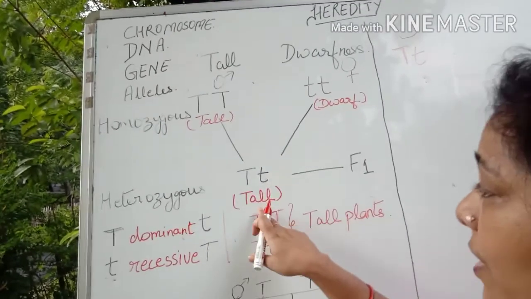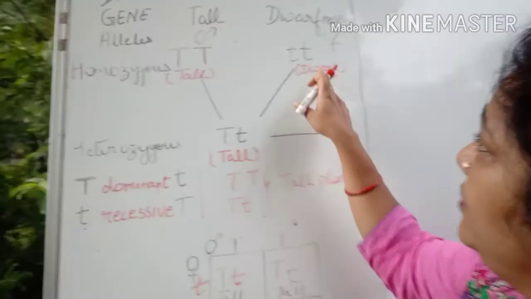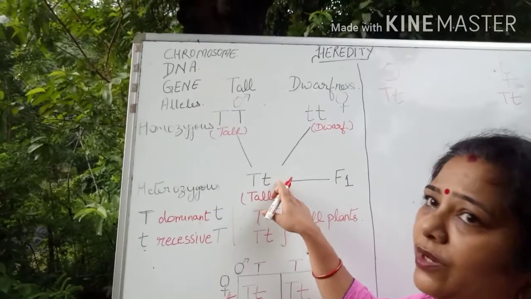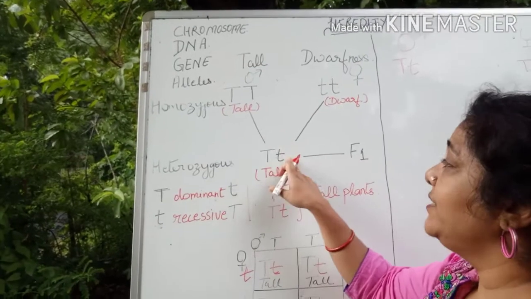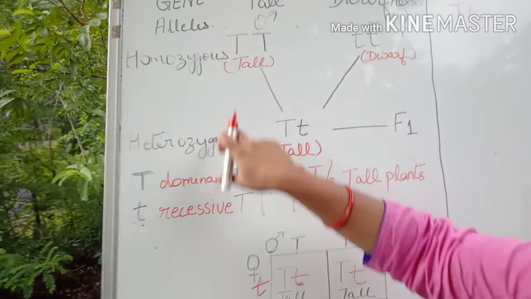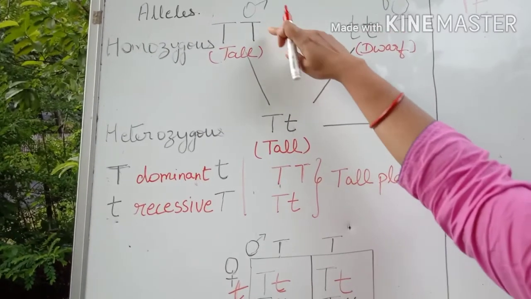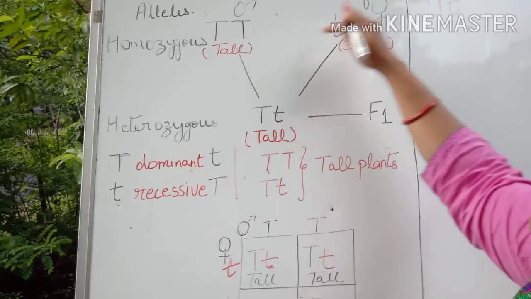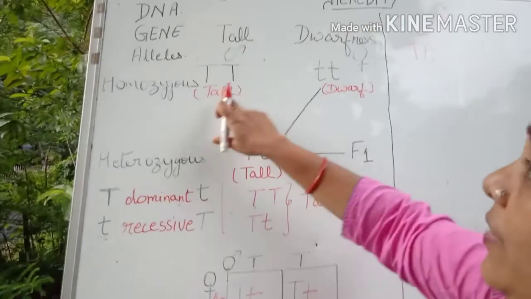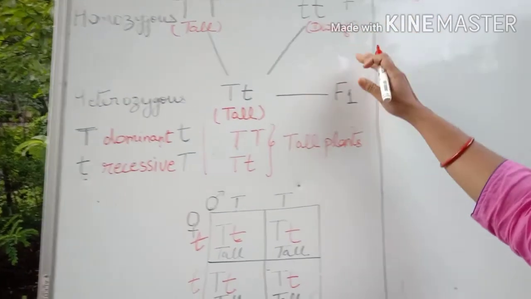But here though it is tall, but it is not pure, because the genes denoting the dwarfness is also hidden over there. But it is what? Masked by this. So this is not pure. This is only pure and this one is not said to be pure. So sometimes we use the word homozygous tall, homozygous dwarf. So by that word you can understand it is both are of the same letter, either capital or small.